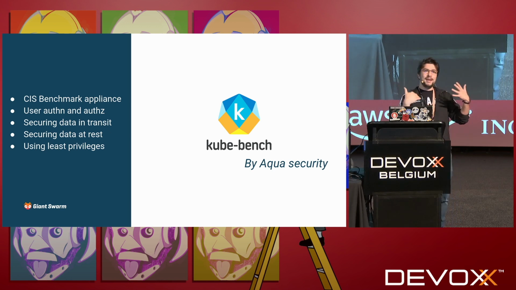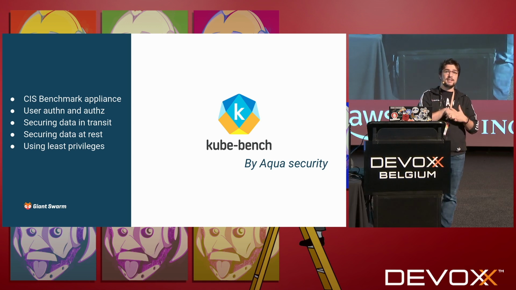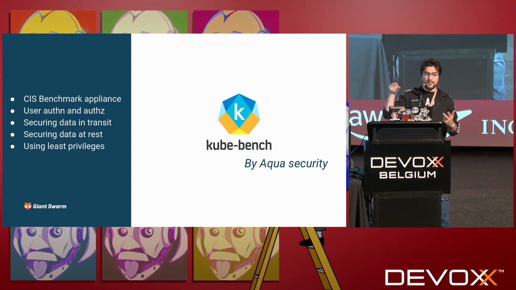The great thing that you will get with it is that it will check if your authorization and authentication is properly set up and not open. It checks if the data is secure in transit between the components, and if the data is secure at rest for all the things that are stateful. It also checks privileges, seeing if there is a container running as root or running in privileged mode and so on, and reports it.